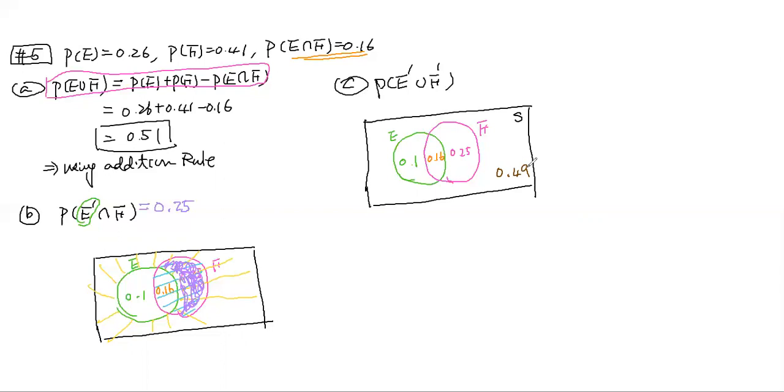Okay, now let's try to see which part I'm looking for. So let's do the E prime. E prime is everything outside E. Then the F prime, what is the F prime here?